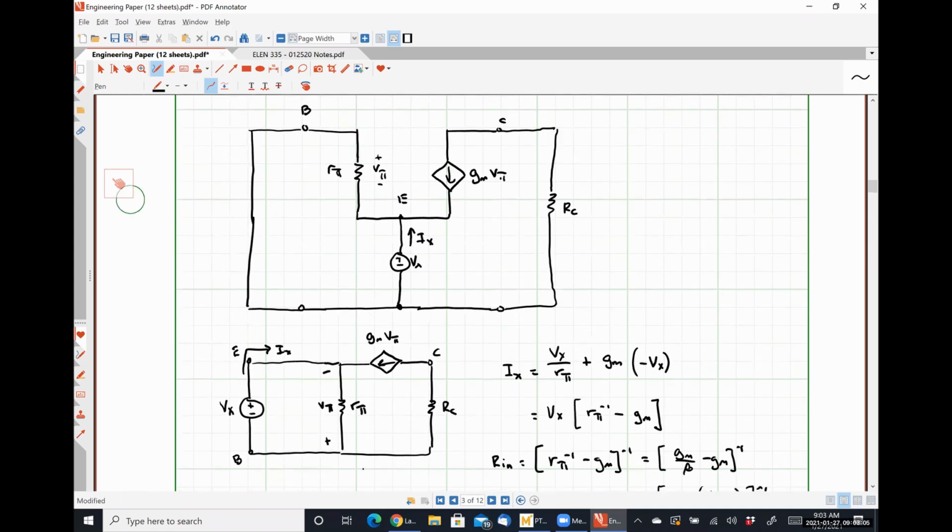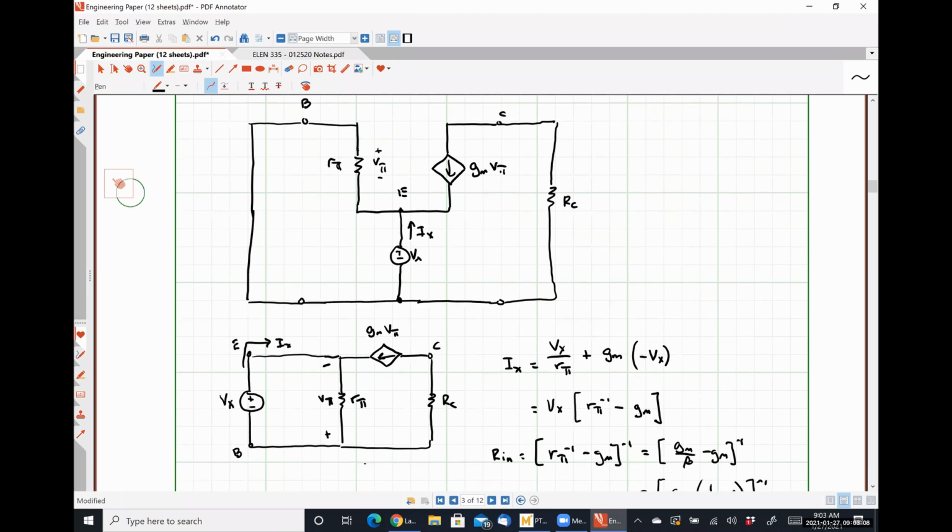My current is flowing from my collector to my emitter, so that's right. Negative there. So I have, going down in this direction, Vx over r pi.